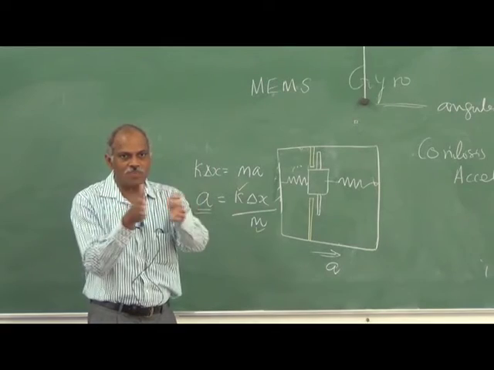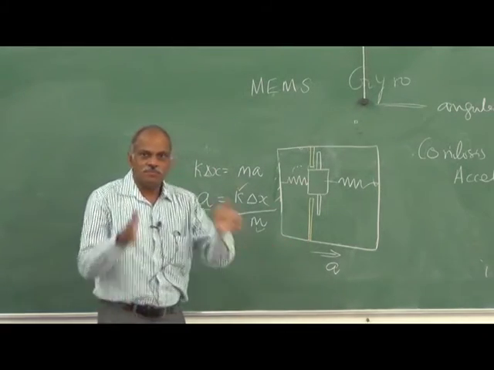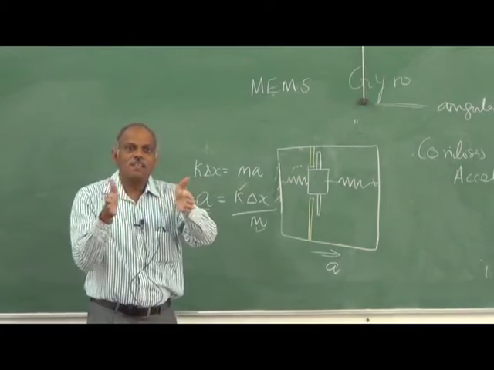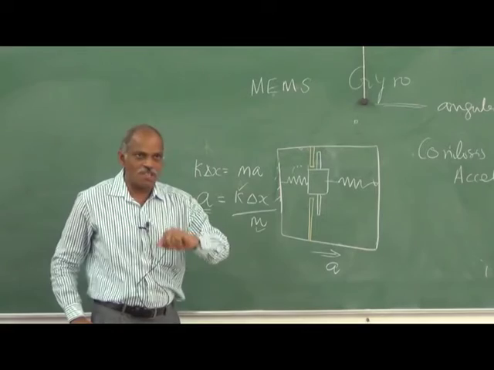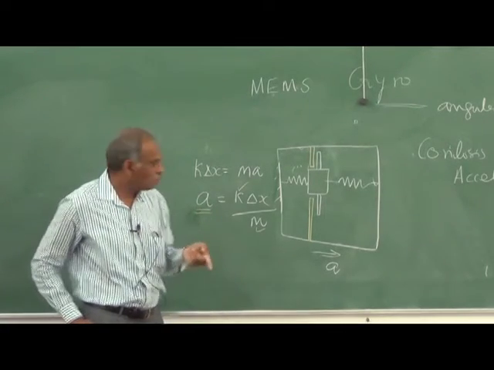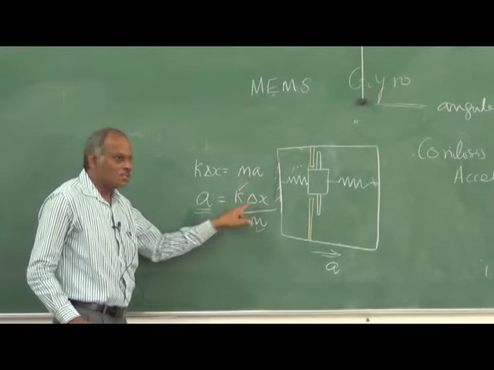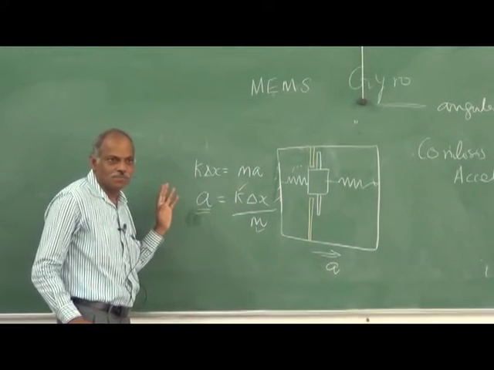So when there is a relative displacement between the mass and the frame, the capacitance is going to change. If I measure this capacitance, I can relate it to the displacement. Then that displacement is related to your acceleration.